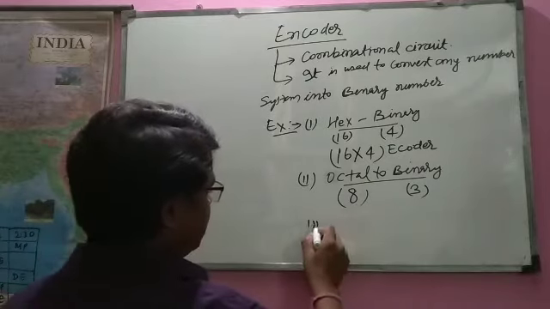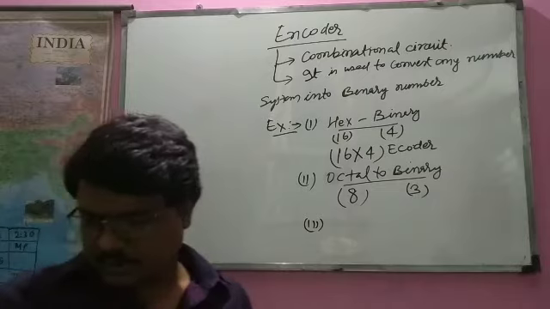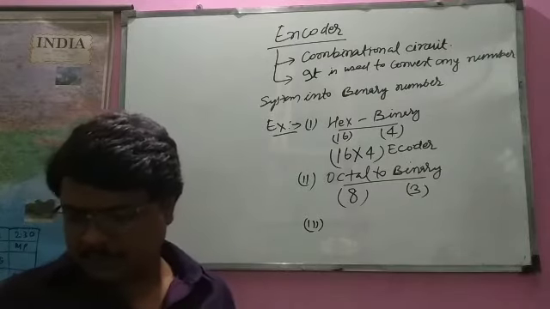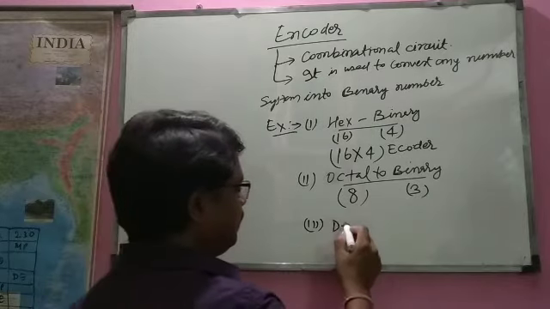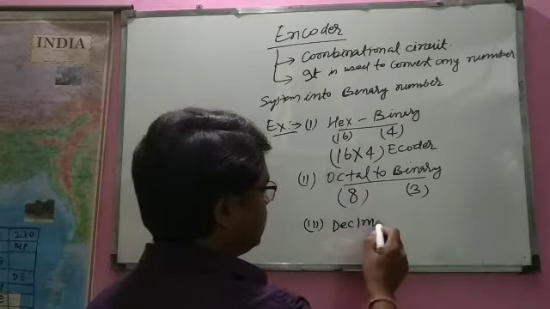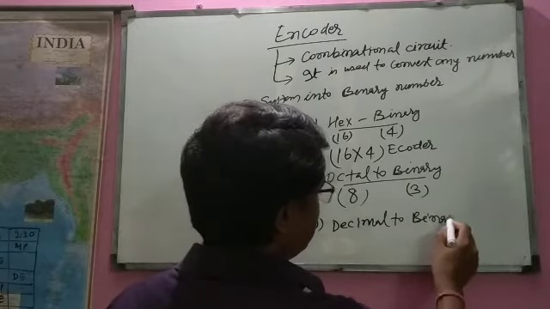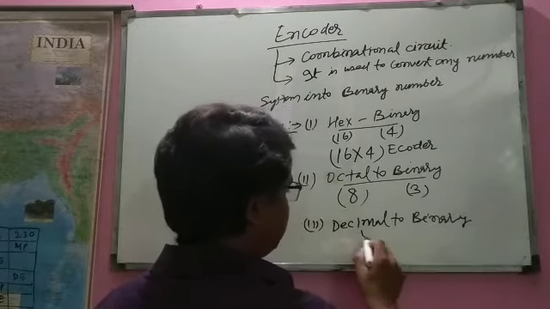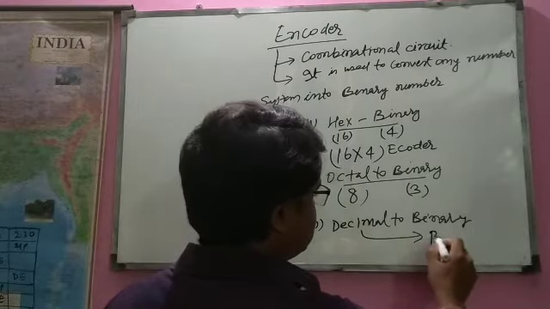So there are so many other examples also. Let us suppose it may be decimal to binary, okay, that is very simple, or decimal to BCD.